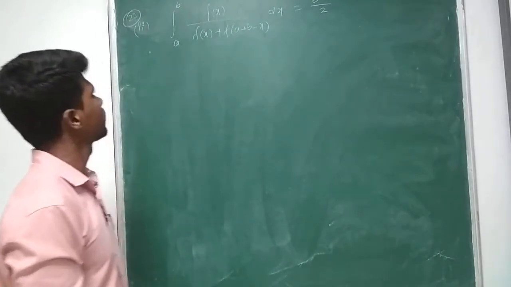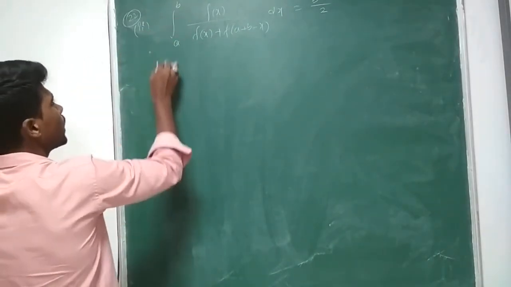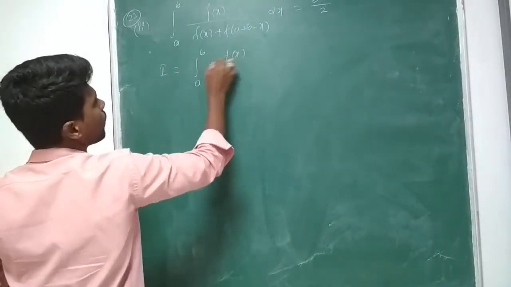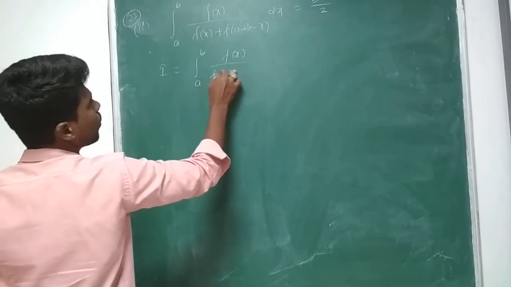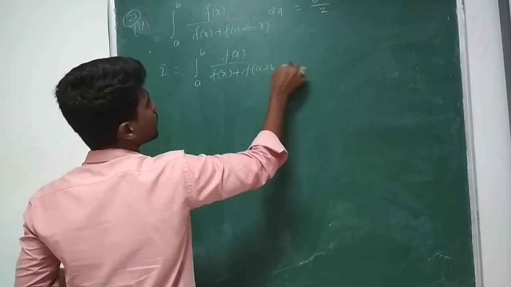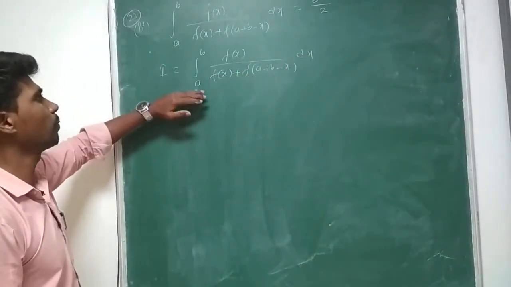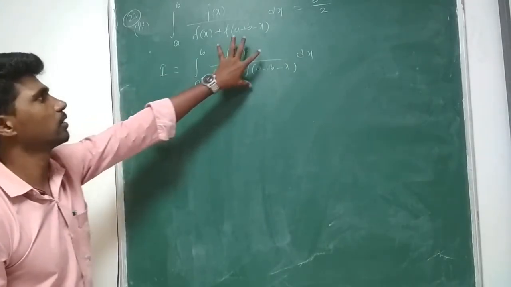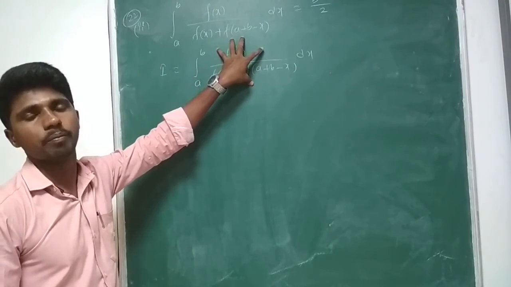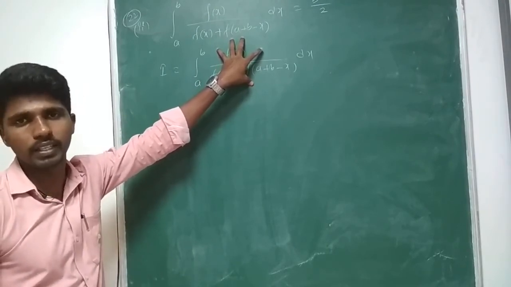Take LHS, and I have integral a to b. So consider LHS I as integral a to b f of x by f of x plus f of a plus b minus x dx. As per the formula, integral a to b f of x dx can be written as integral a to b f of a plus b minus x dx.